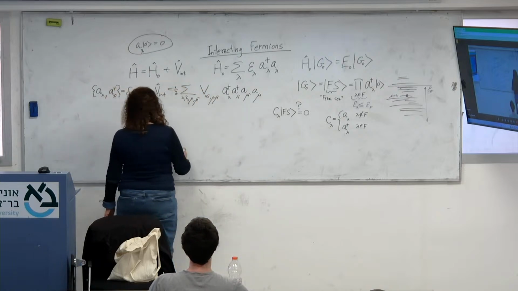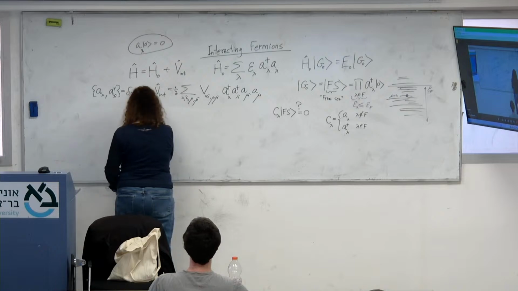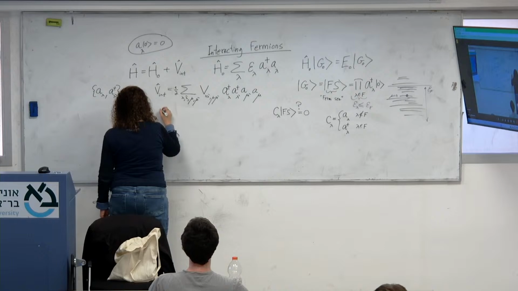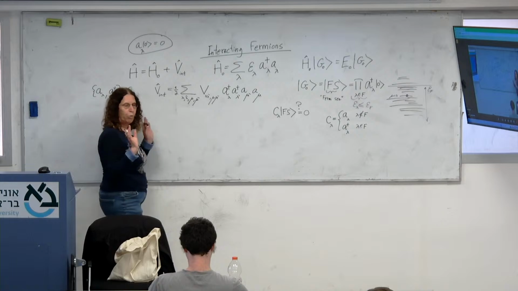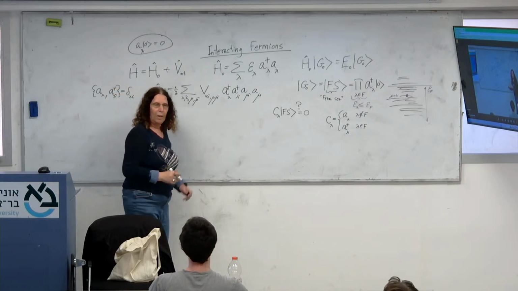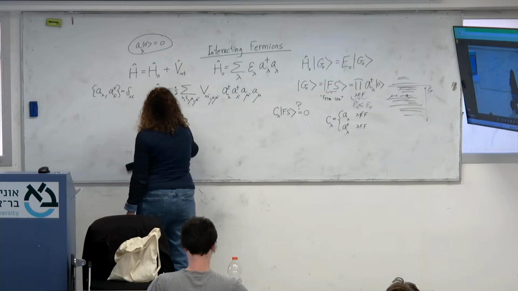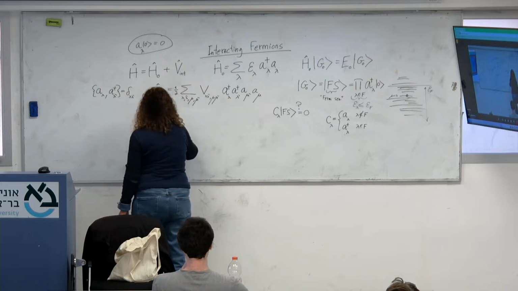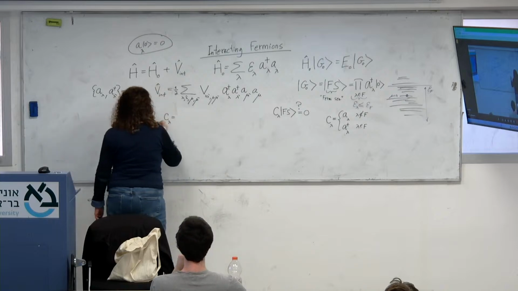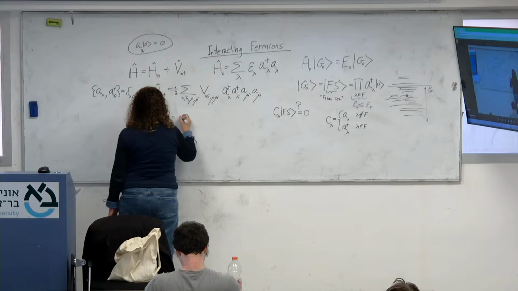So we define something that I will later call, well, let me not give it a name, but it's a transformation from the A's and the A daggers to C and C daggers. And the annihilation operator is defined in such a way.